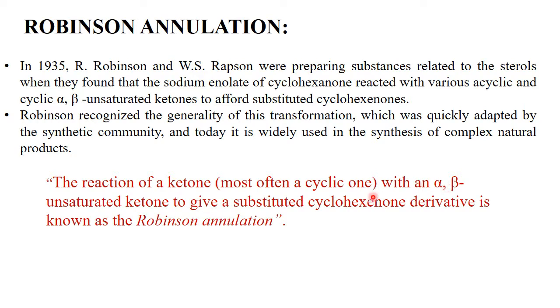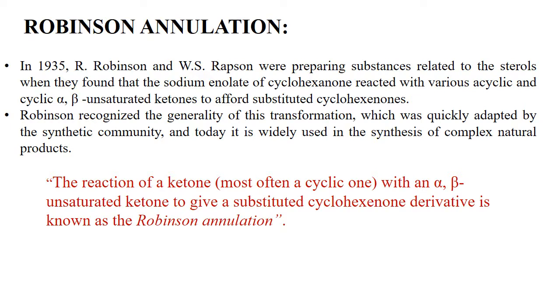See, the reactants of Robinson annulation reactions are two ketones. One is the simple ketone, which may be a cyclic ketone or an acyclic ketone, and the other ketone is an alpha beta unsaturated ketone. Remember, the alpha beta unsaturated ketone must act as an acceptor, that is, the electrophilic species.